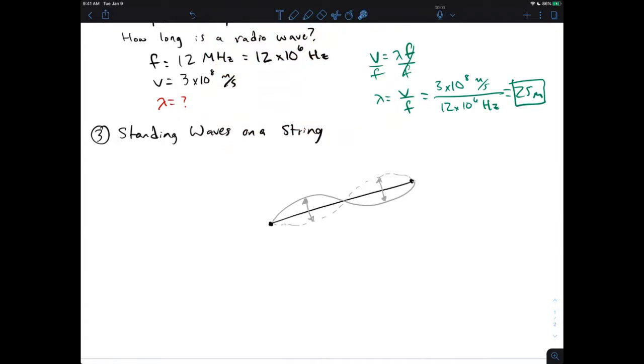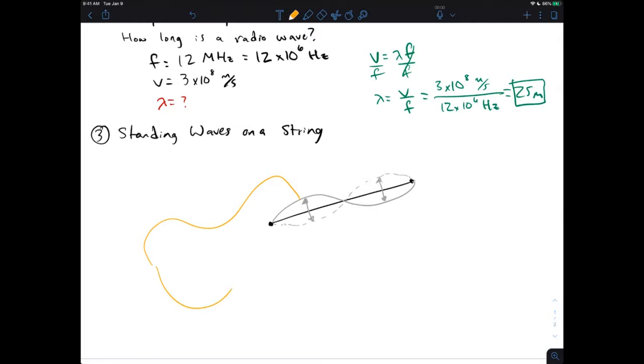So what we want to do today is talk about this. The best way that I've always used to think about standing waves on a string is in a guitar. So I'm going to draw a guitar here.